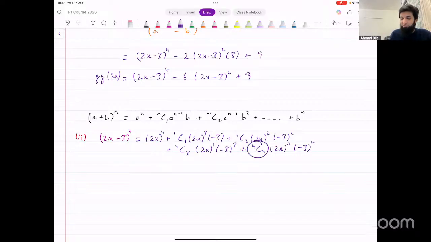Now we've got 4C4 here. We can't go any further, right? Because the next term would have the number at the bottom bigger than the number on top. So we cannot really go any further.